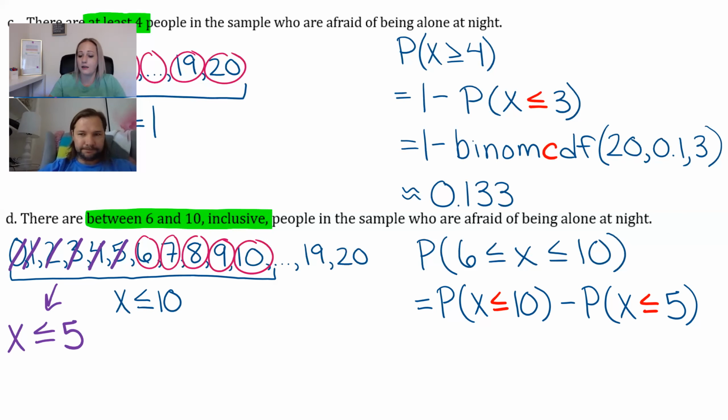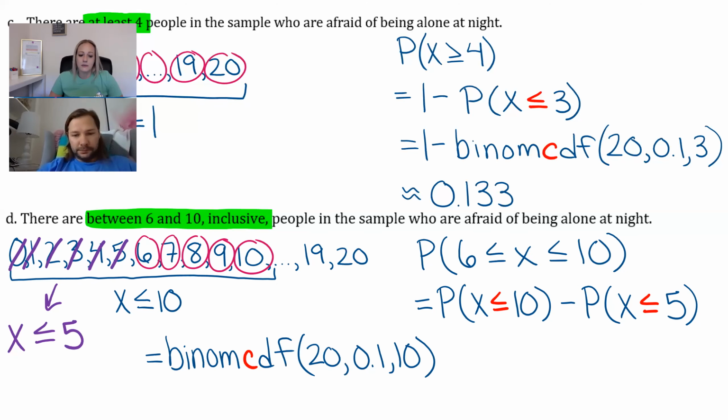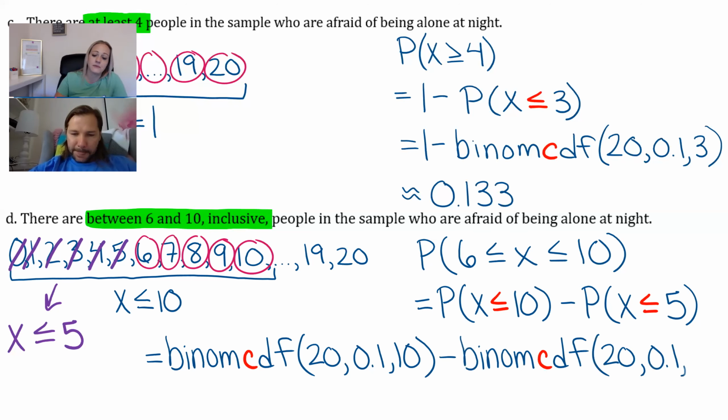That's just going to be 2 different binomial CDFs, so you can still do it in one line in your calculator. It'll be binomial CDF, fill in 20, 0.1, and 10. Keep that in your calculator, do minus, and then get another binomial CDF with 20, 0.1, and 5.